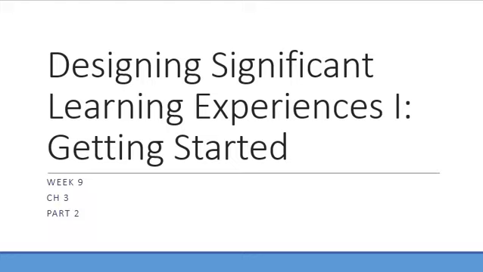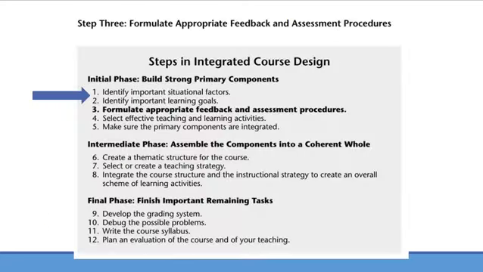And we're now looking at, it's been a few weeks since we've been talking about things, but now we're looking at getting started with designing a course. And so we talked previously about some of these things, identifying important situational factors and important learning goals. Now we're going to be moving on to a next component here, and that is formulating appropriate feedback and assessment procedures.